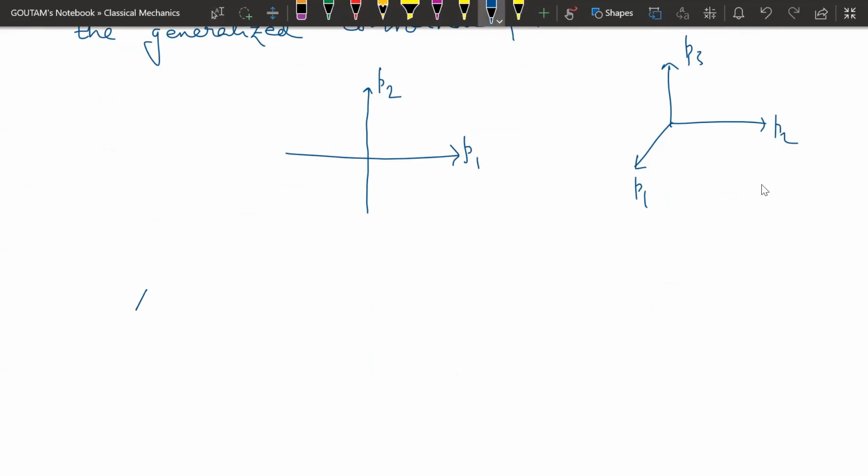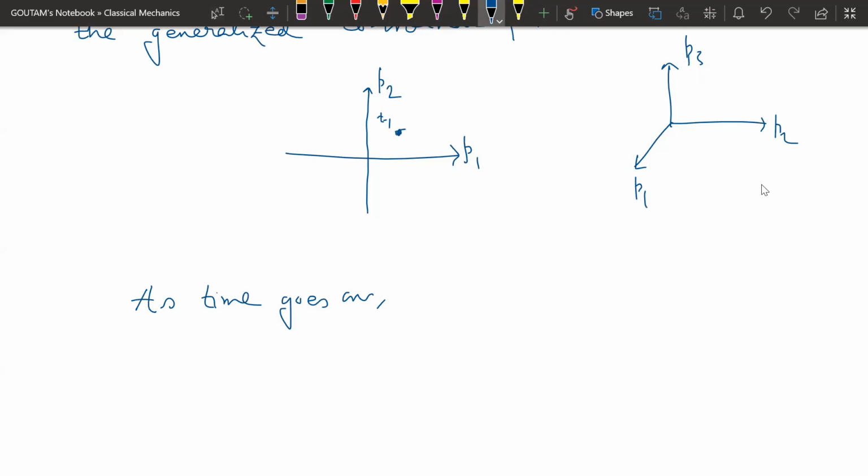Now, let's say a particle is at a point at time t1, here at this point. As time goes on, its coordinates will change, or it will remain stationary if the particle is stationary in configuration space.